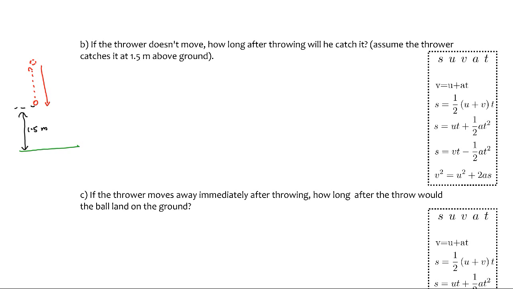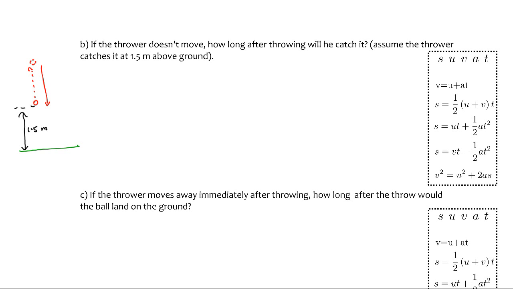So now I want to find out the time it takes for the ball to come back to the same level. So I'm considering the motion from the point it was thrown up until it comes back to the same place.